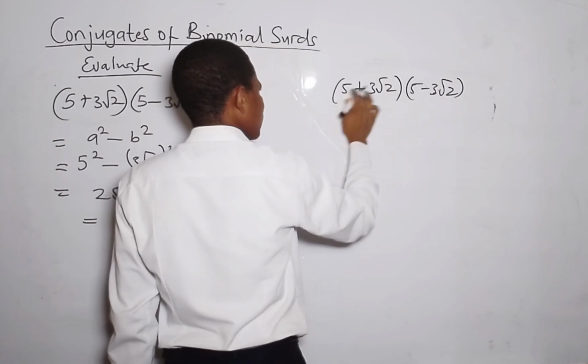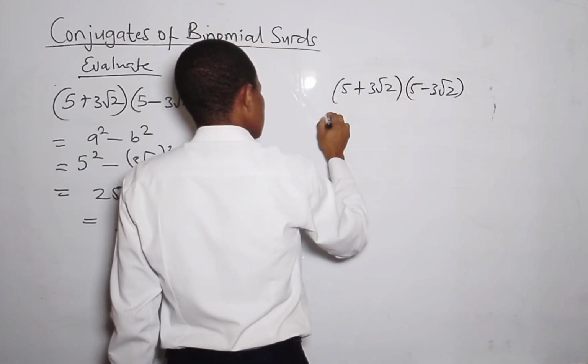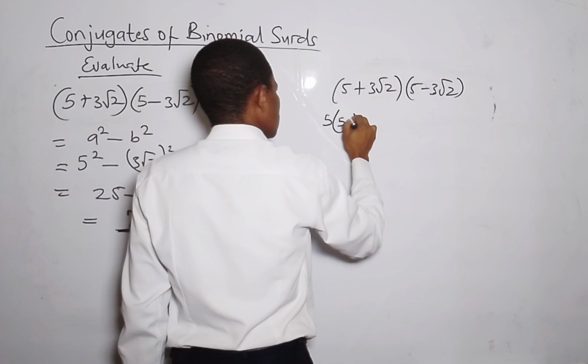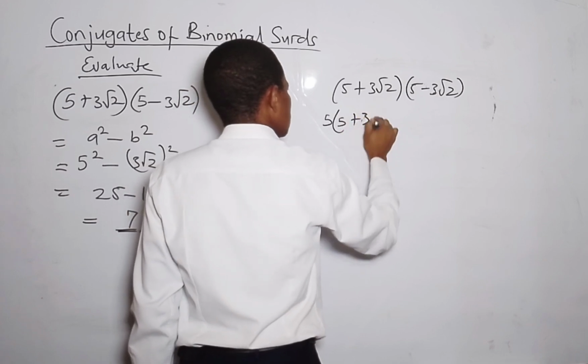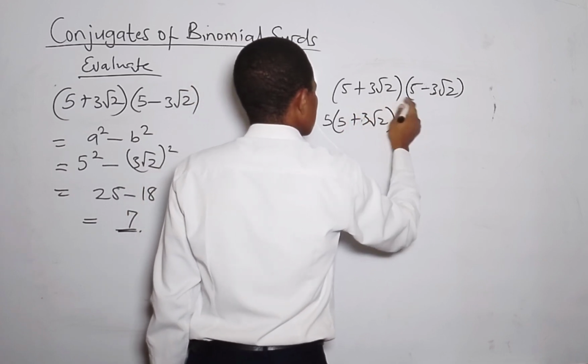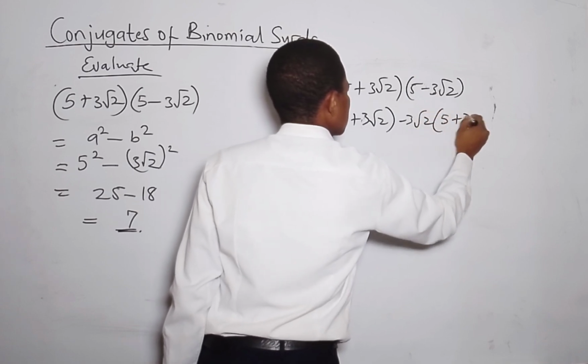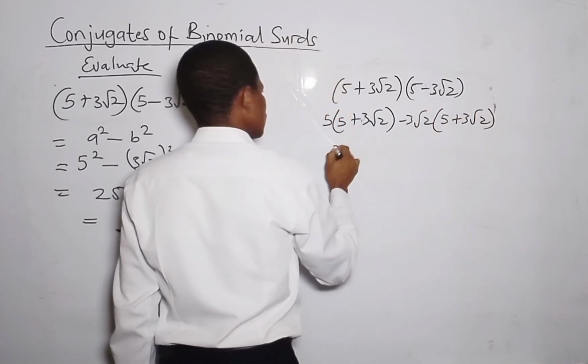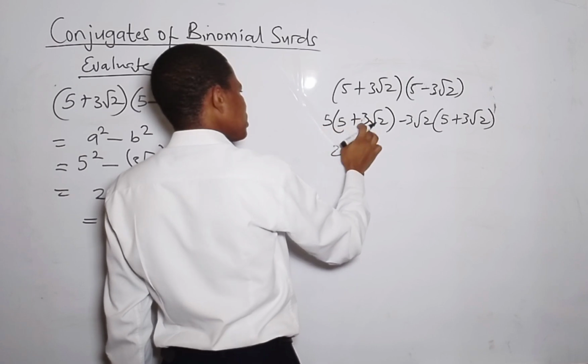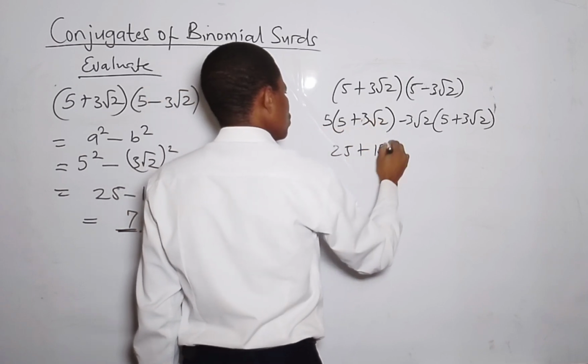Let's multiply. 5 times 5 is 25. 5 times minus 3 root 2, that's minus 15 root 2.